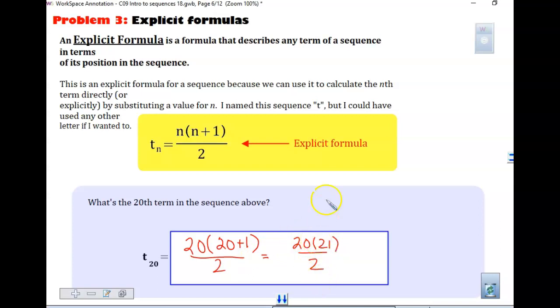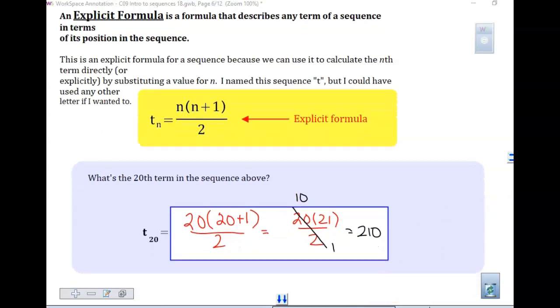Before even using my calculator, I'm thinking, 2 goes into 20 once and into 20 ten times. And 21 times 10 gives us 210. I might look at this and go, this was not that hard to do. I would write my final answer of t sub 20 is equal to 210.